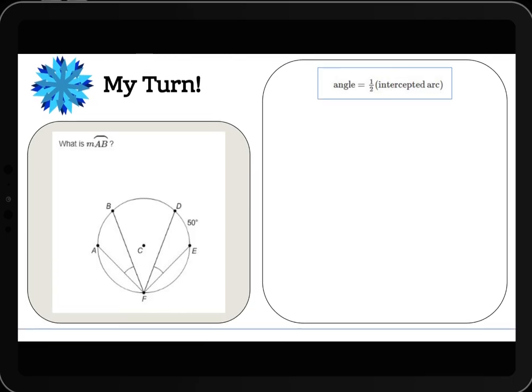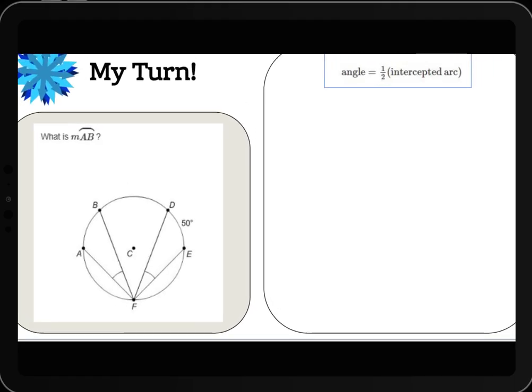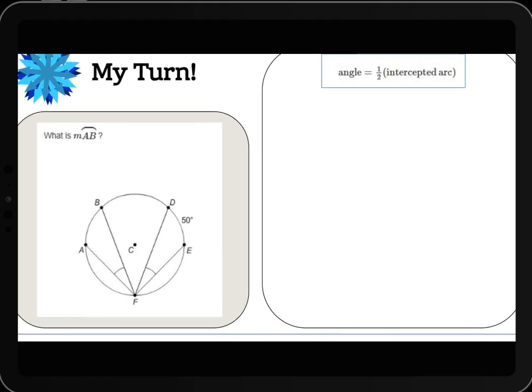So let's take a look at this example. We need to figure out the measure of arc AB. Okay, now there's a lot of stuff that we can write down, and that's all fine, okay? But in simplest terms, what I want you to focus on is notice the inscribed angles.